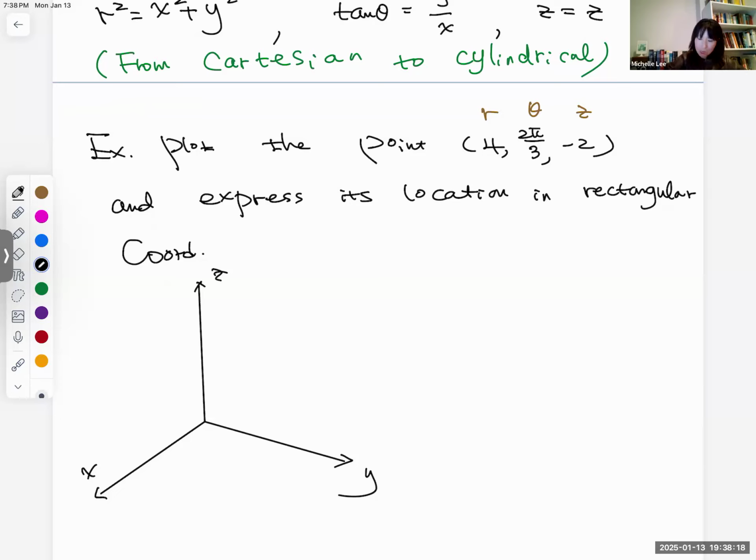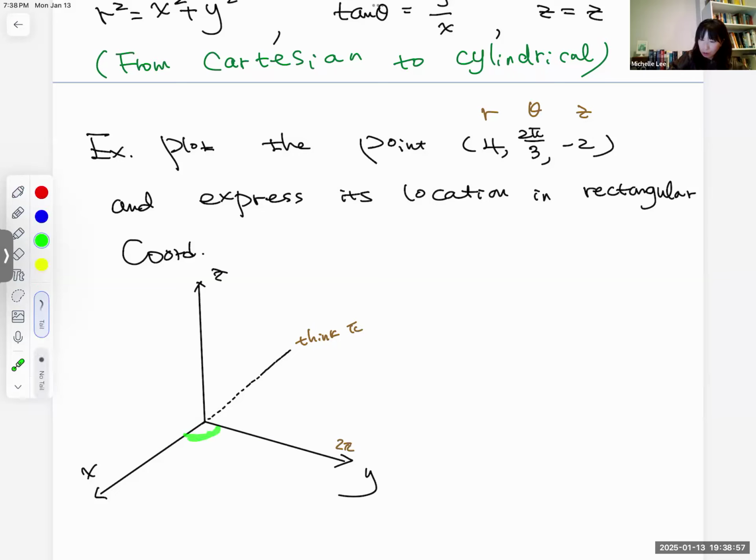So theta equals 2 pi over 3. Let's take a look at this one. From here to here is 90 degrees, which is pi over 2, right? And then the negative x-axis will be pi, right? And then this will be 2 pi, from here to here, right?